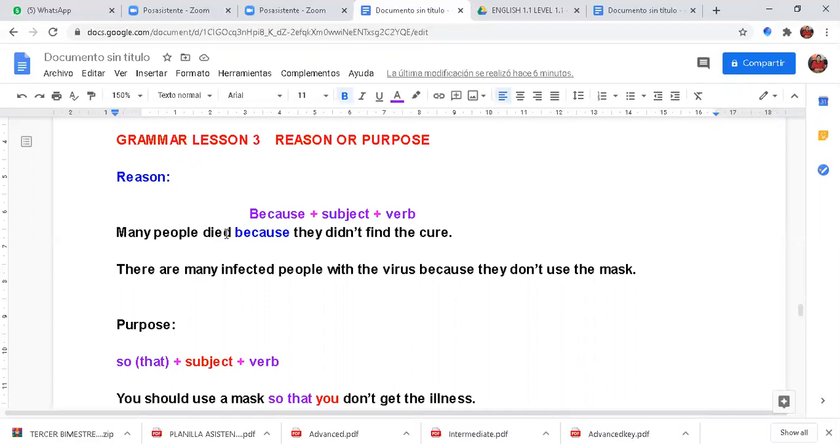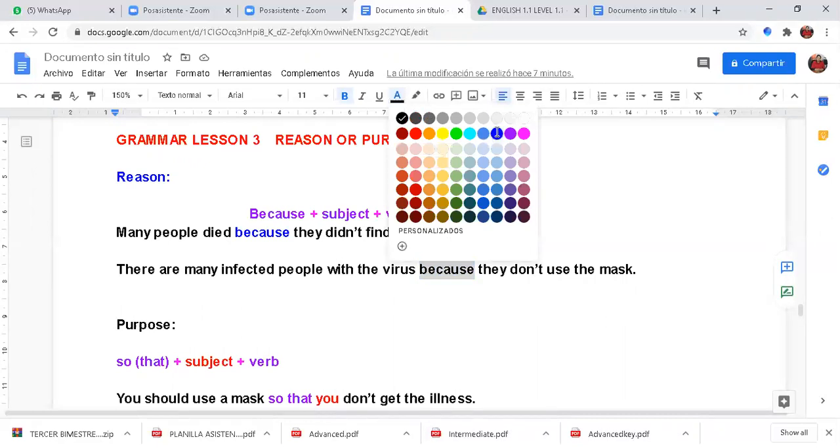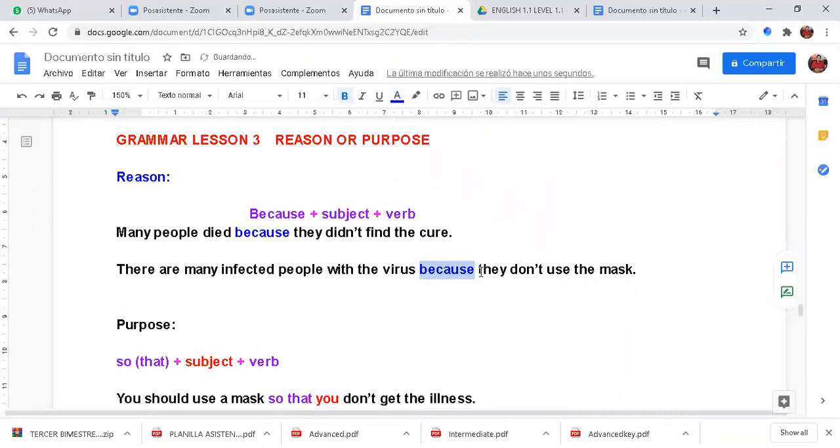Now let's express purpose. Another example, sorry. There are many infected people with the virus. And here we have because, subject, they don't use a mask.